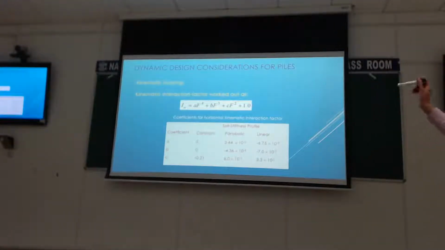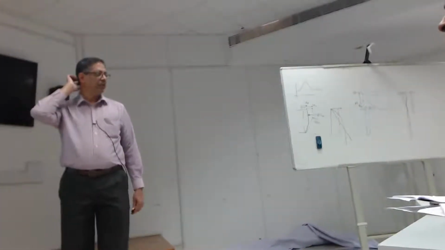So A, B, and C, you choose according to, there is a bit of logic to this, whether you want to take the stiffness of the soil as constant, linear, or parabolic. Those are the three options, and you can find these in the literature, mostly work by Gazetas and people like that.